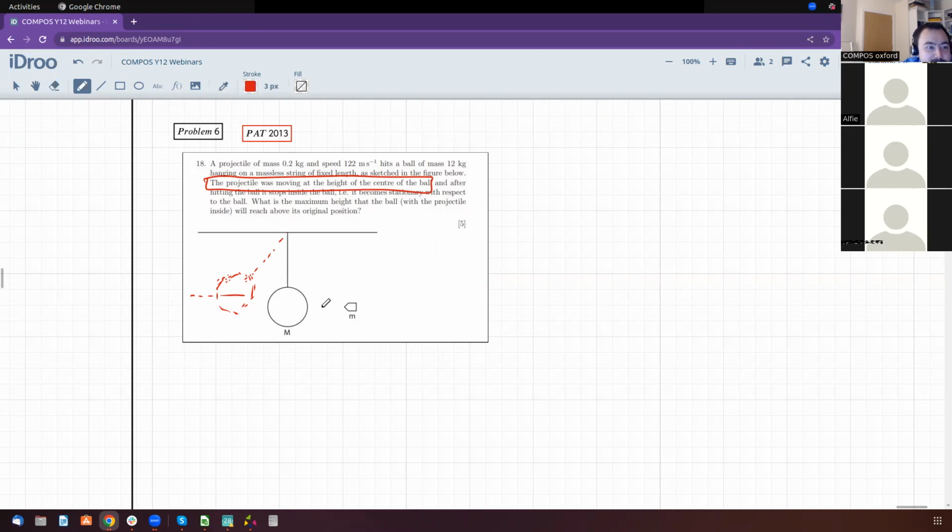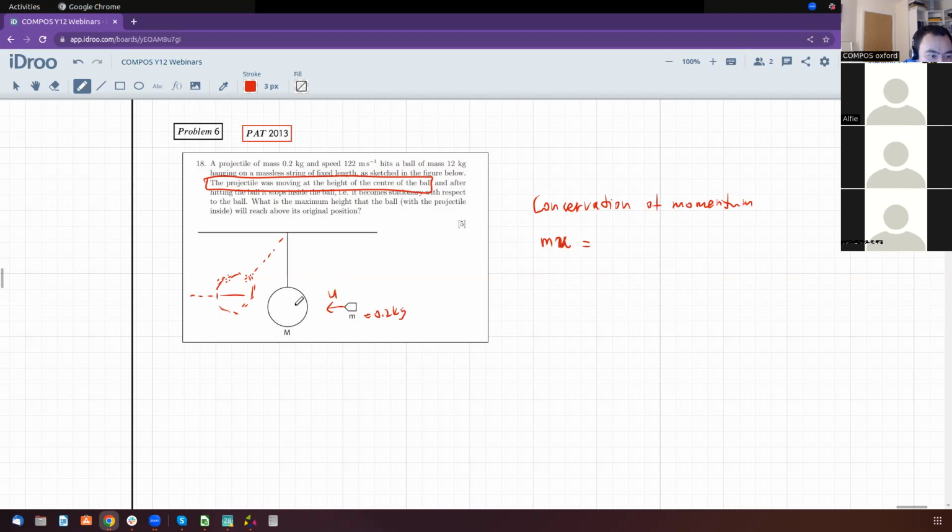Anyways, the projectile of mass 0.2 kilograms hits a ball. So first, conservation of momentum. Let's say mu is equal to, so it's traveling with velocity u.